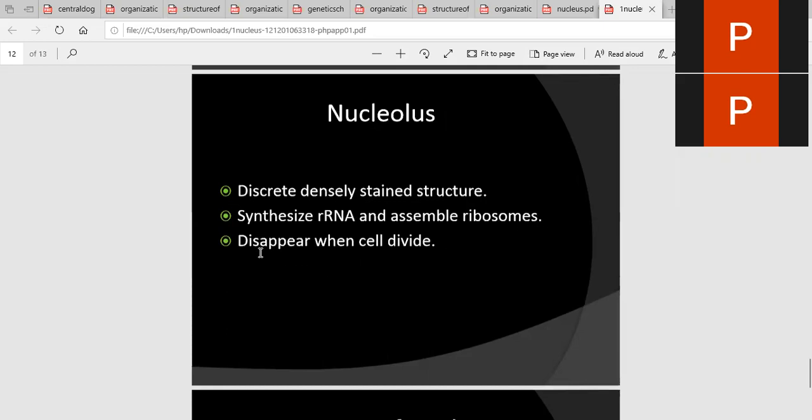It contains mainly rRNA and other RNA molecules. It disappears when the cell divides, and after successful division it reappears for the purpose of repacking the genetic material.